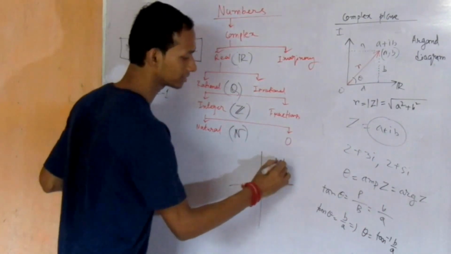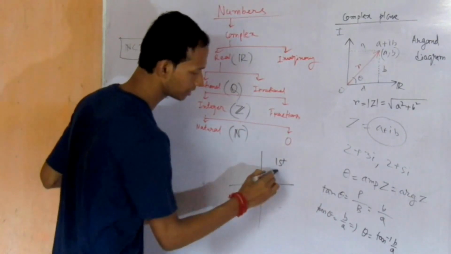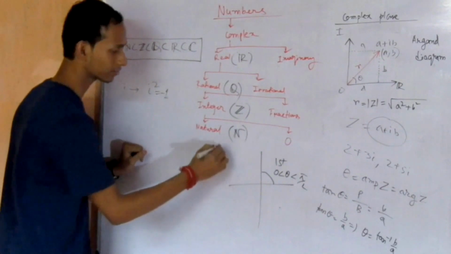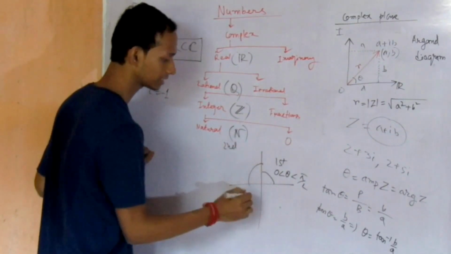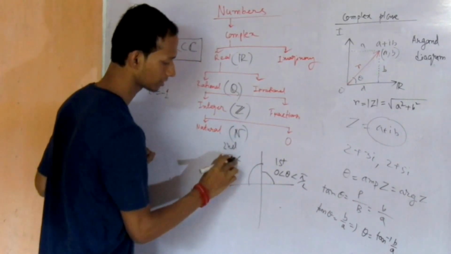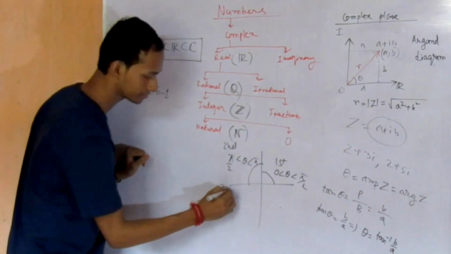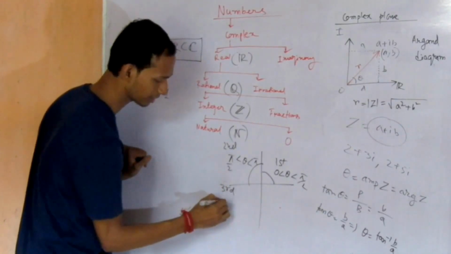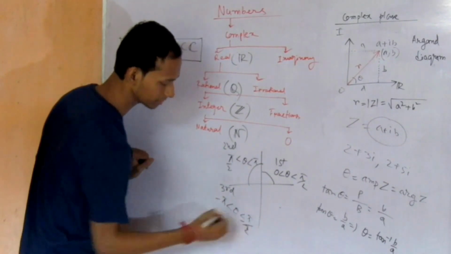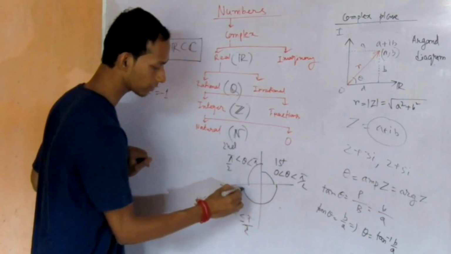Now this theta varies. In the first quadrant, theta lies between 0 and pi by 2. In the second quadrant, theta lies between pi by 2 and pi. In the third, theta lies between minus pi and minus pi by 2, because we take the angle anti-clockwise.